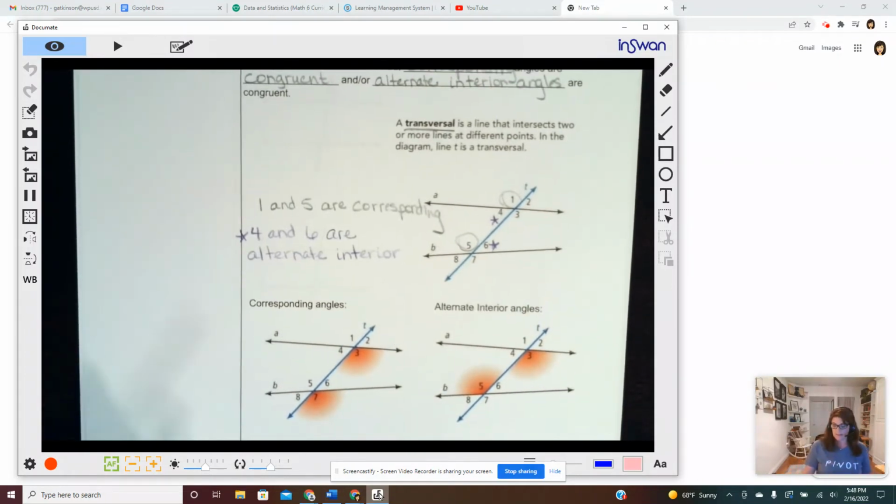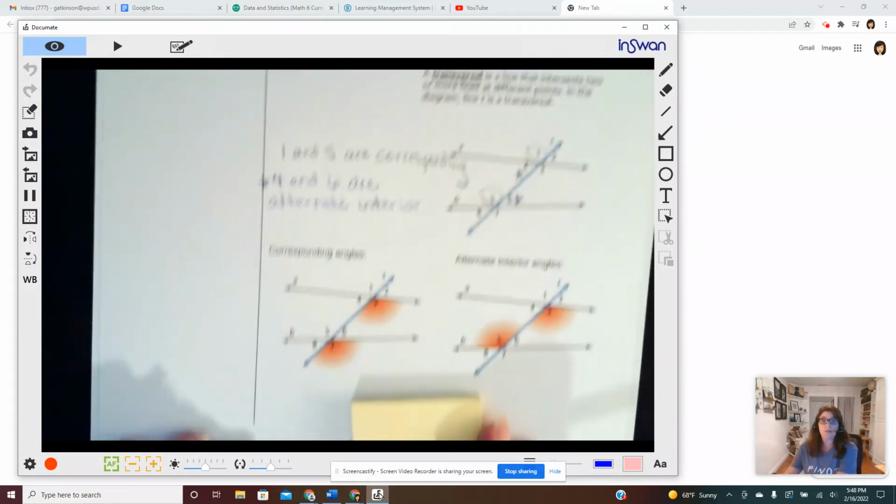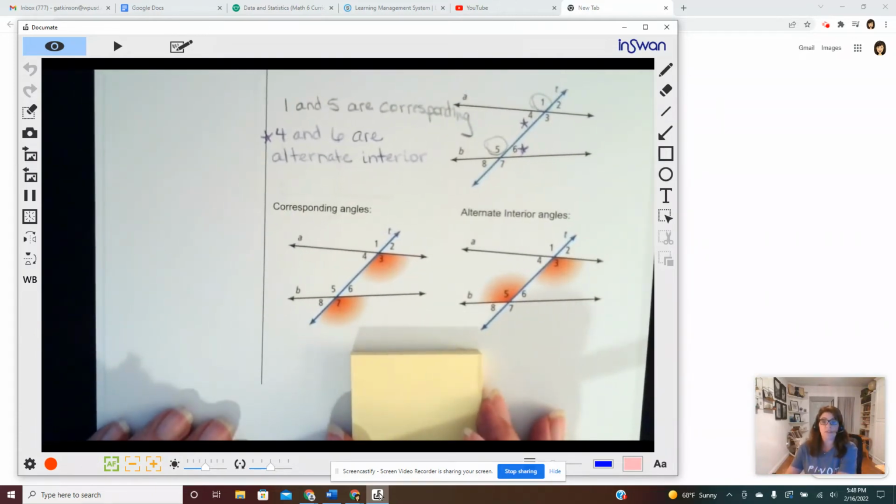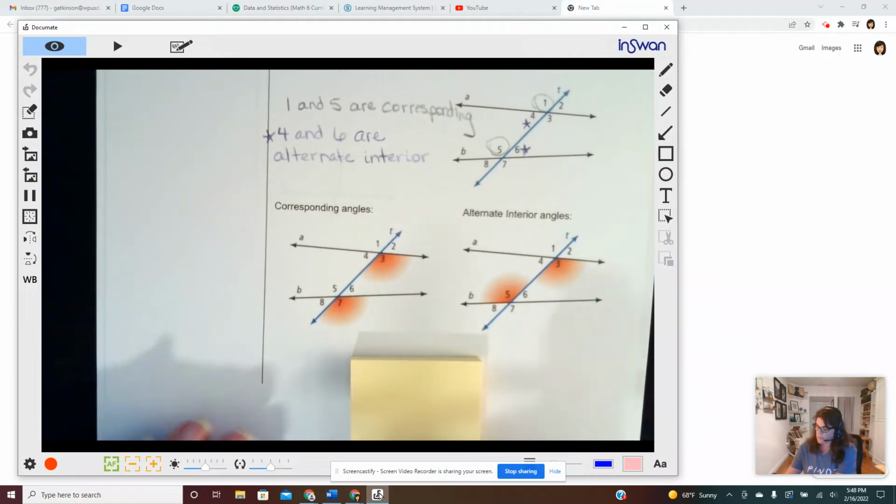Now, big key, if the lines were parallel, I'm going to do my best to draw a couple parallel lines with my, you guys have seen, amazing drawing skills. I'm literally using something that I at least know is slightly parallel.